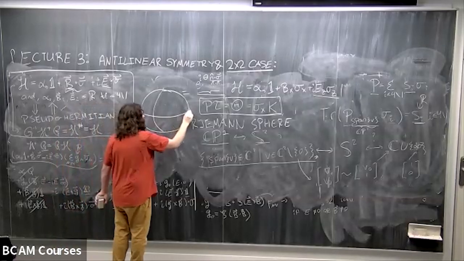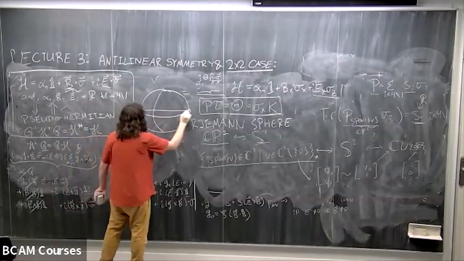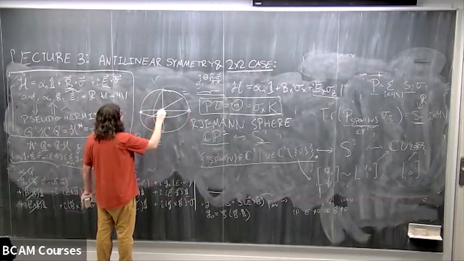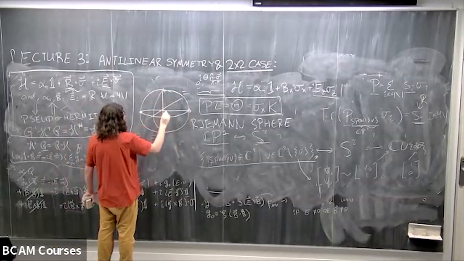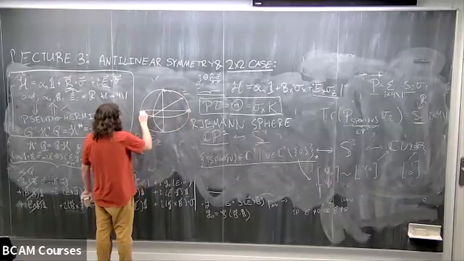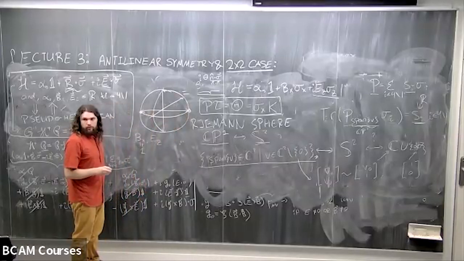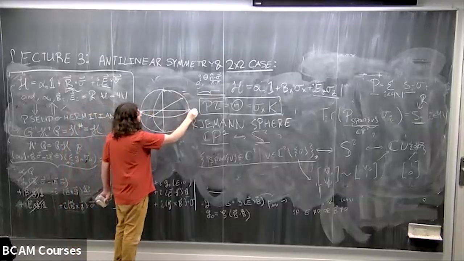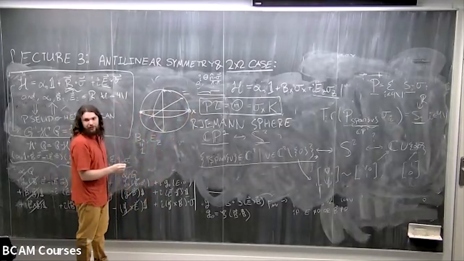So for Ez equals 0, on the sphere you have these 6 cardinal directions. The way the picture looks the prettiest is if you choose this one to be the x-axis.